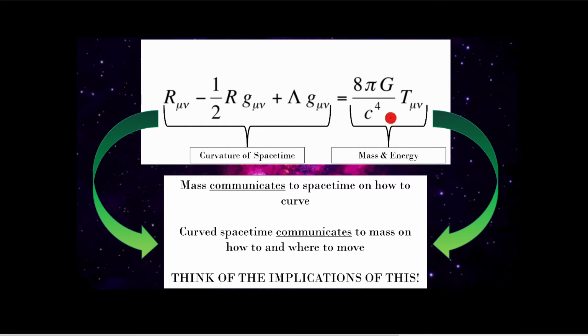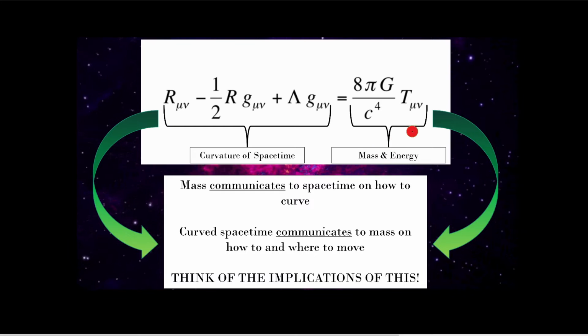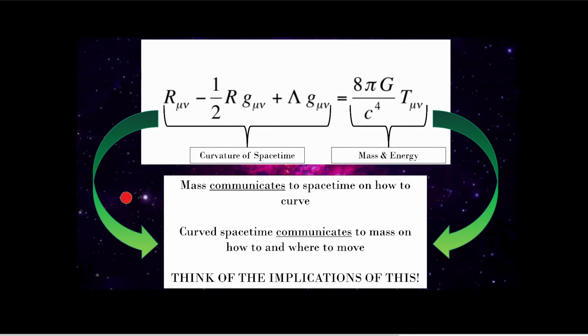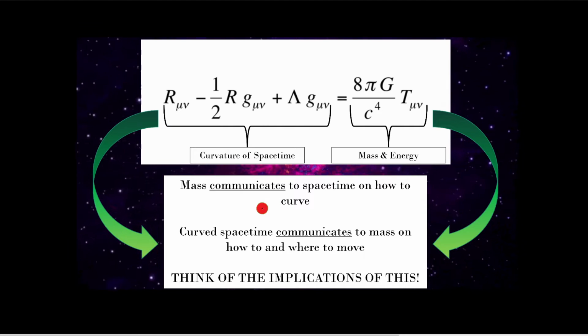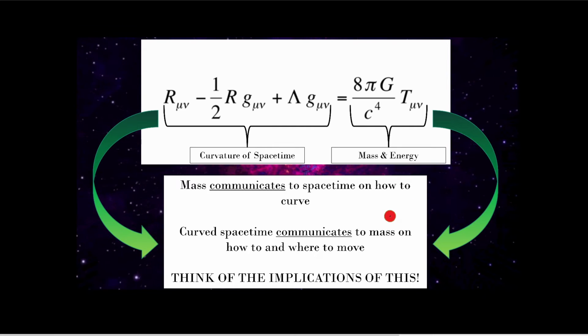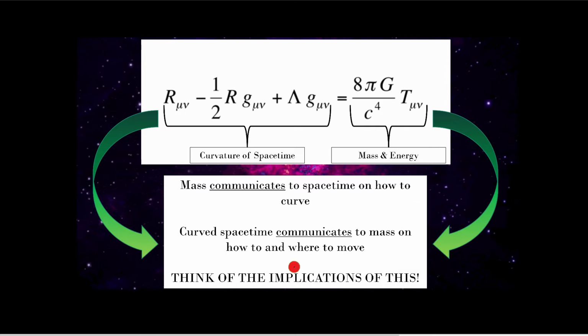Everything on the right-hand side represents mass and energy. Some physicists have referred to what Einstein stated about these field equations as: mass communicates, with emphasis on communicates, to space-time how to curve, and curved space-time communicates to mass how and where to move.